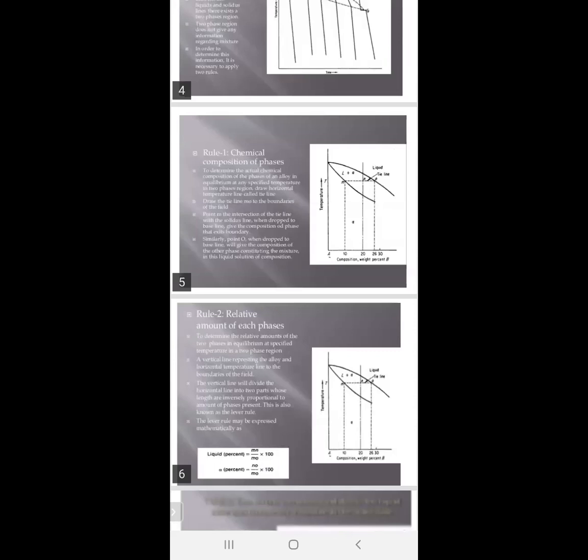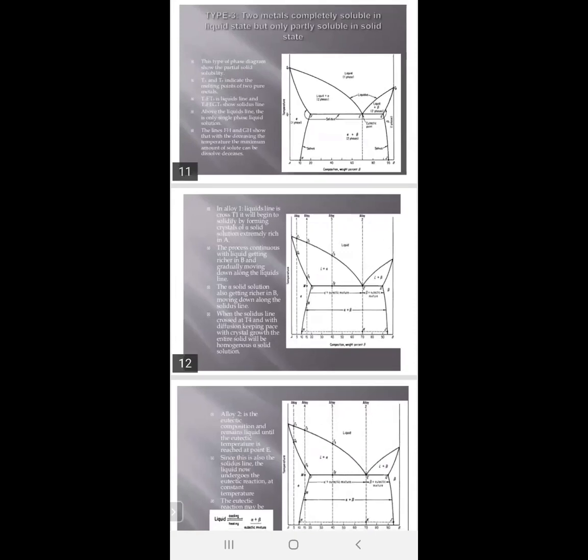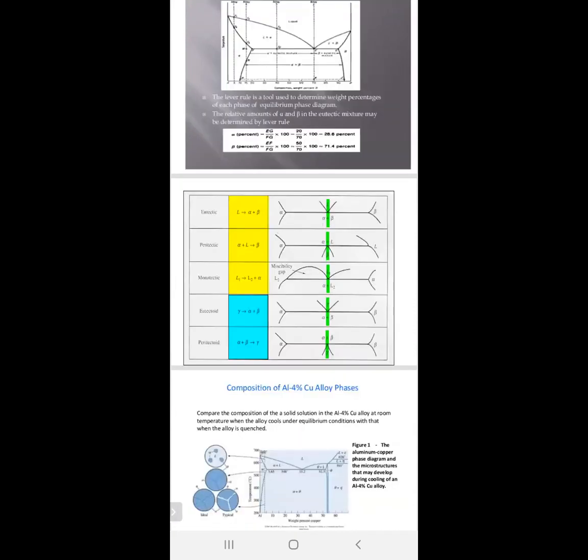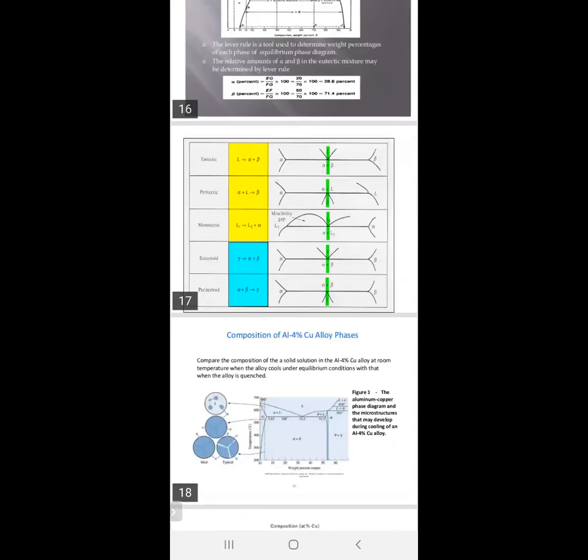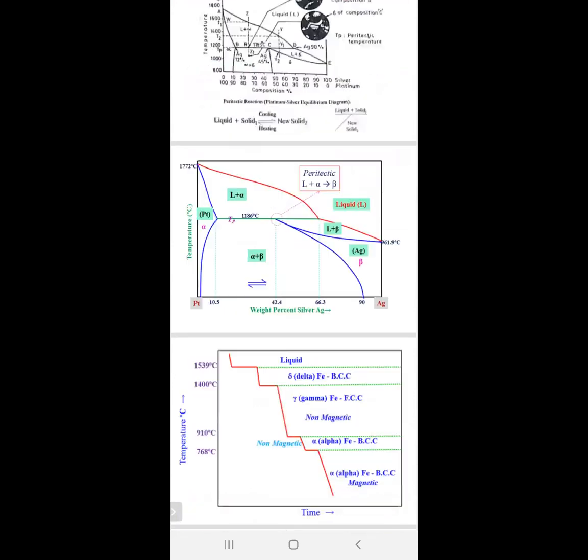This iron carbide phase diagram is a combination of 3 phase systems: eutectic, eutectoid and peritectic. The iron carbon diagram is a combination of 3 phase diagrams.